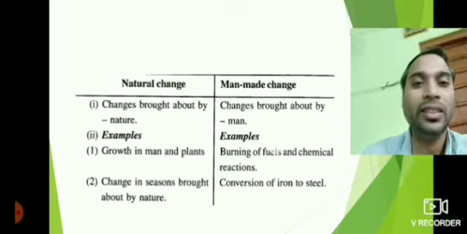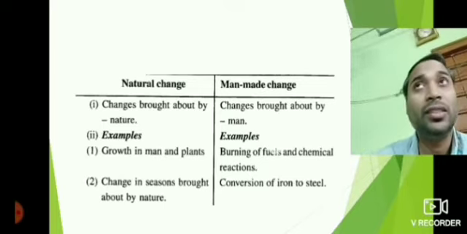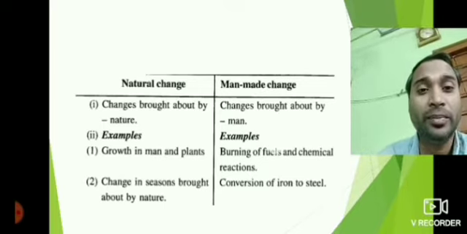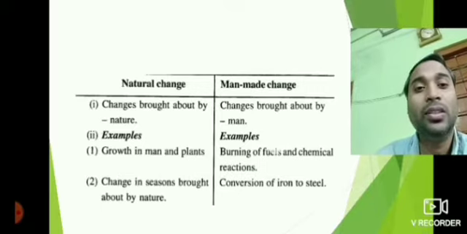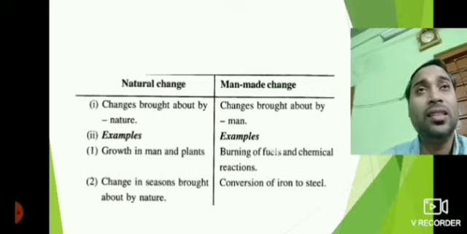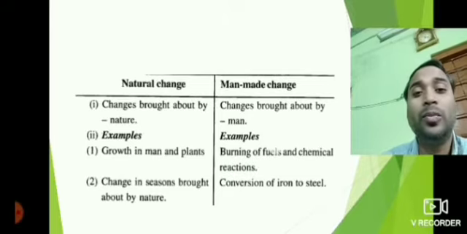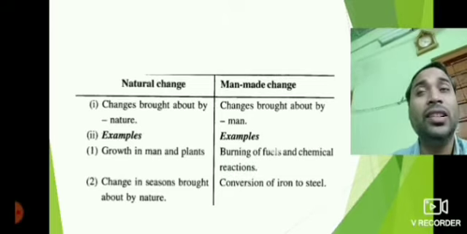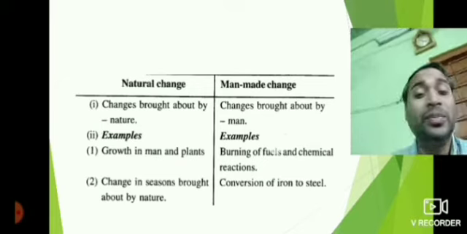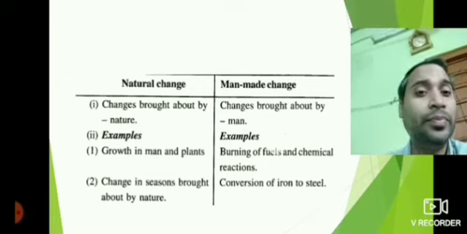So natural changes are brought about by nature. So changes that happen naturally. Now growth in man and plants, that happens naturally. Then changing of seasons brought about by nature. Now change of season happens due to different positions of the earth, isn't it?